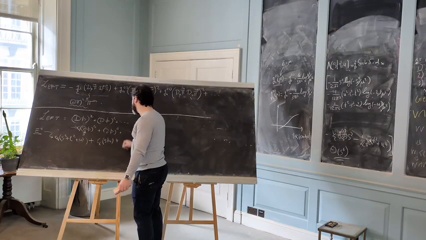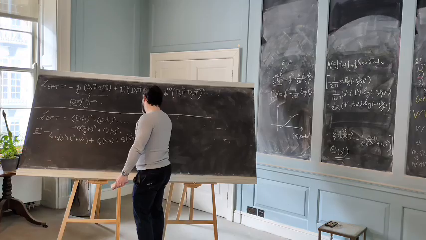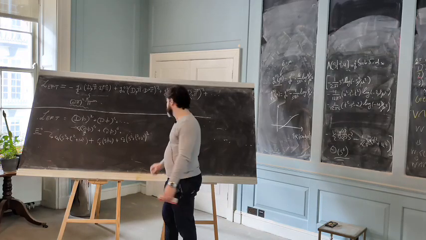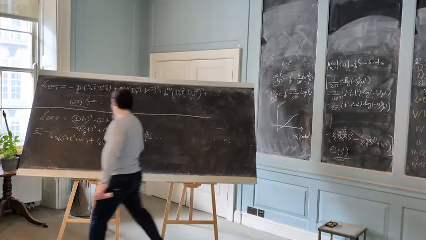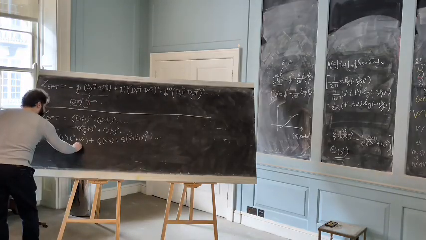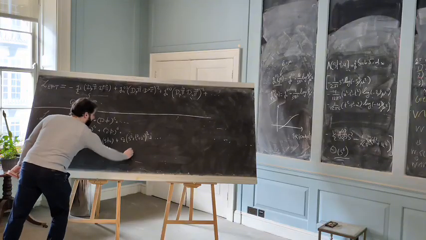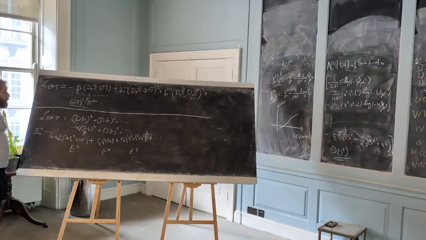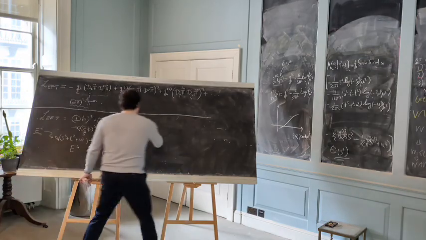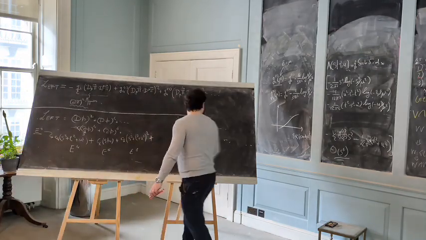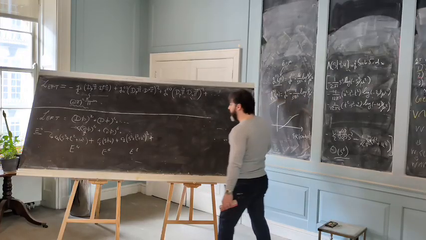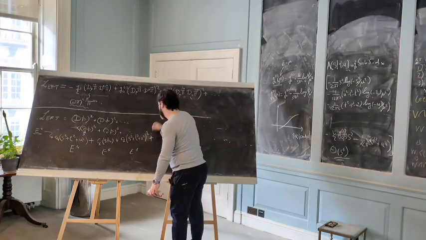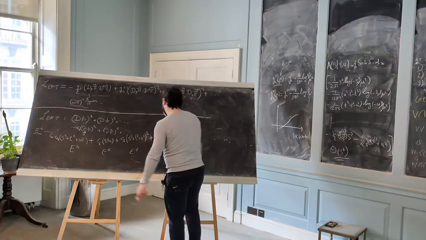Then I can also write C8 times (s squared plus t squared plus u squared) squared, plus dot dot dot. So this would be energy to the 4, energy to the 6, energy to the 8. This is the general answer I get from the effective computation. But at some point I also have to add loops, like we did here, and in this simpler case loops enter at order E to the 8.